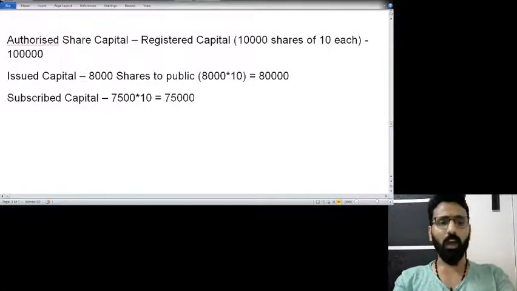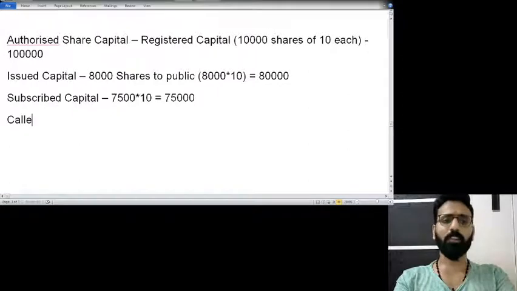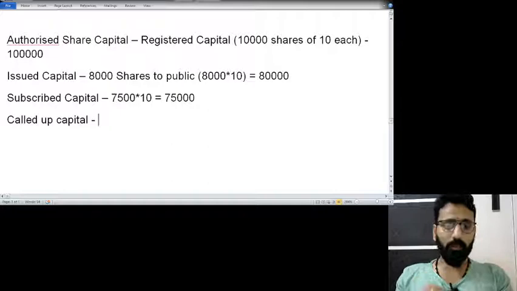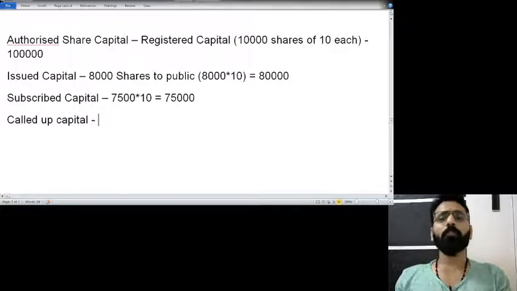Then comes, after subscribed, called up capital. What is called up capital? I received 7,500 applications, but I didn't say you should apply with the full amount of 10 rupees. I told them you only apply 5 rupees.